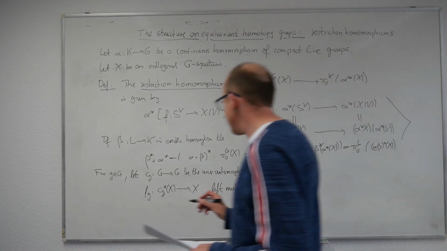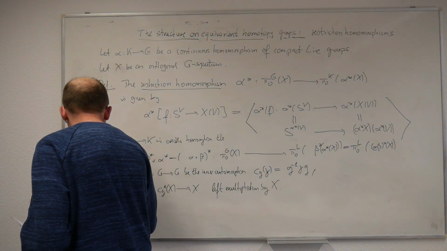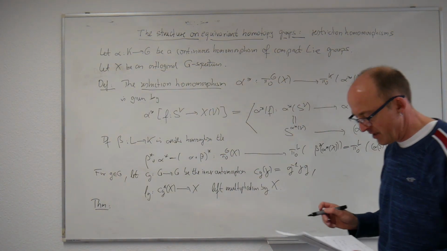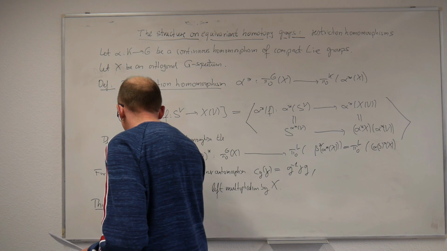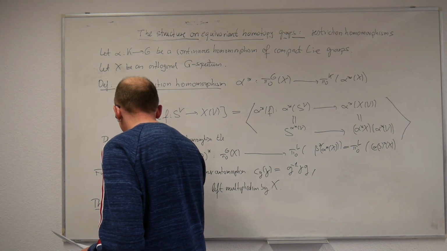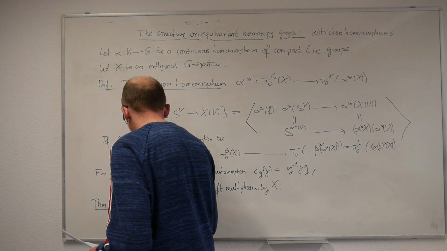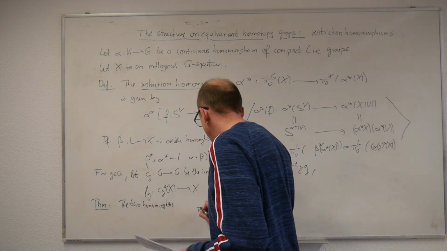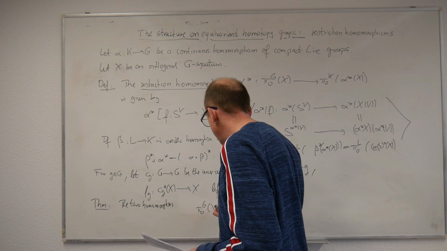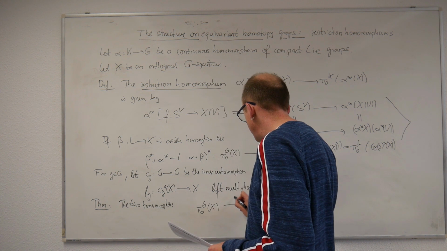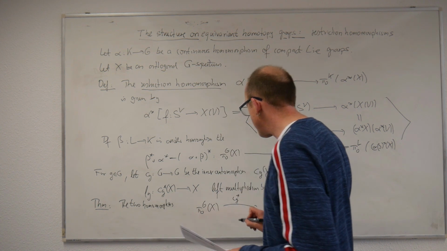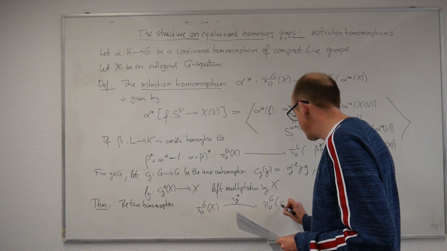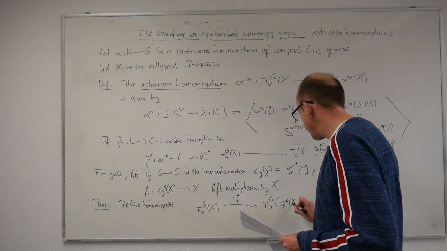And then one of the facts is that the conjugation homomorphism and the homomorphism induced by this morphism are inverse to each other. The two homomorphisms: so I have pi 0 G-equivariant of x, then I have c_g upper star, the restriction homomorphism along the inner automorphism, which goes to pi 0 G-equivariant of c_g upper star of x.